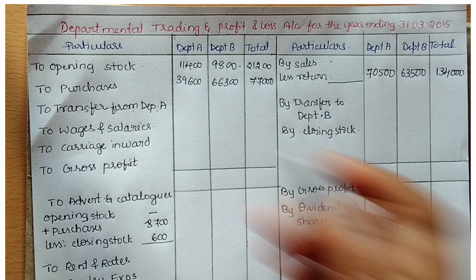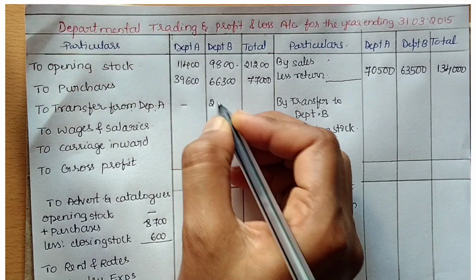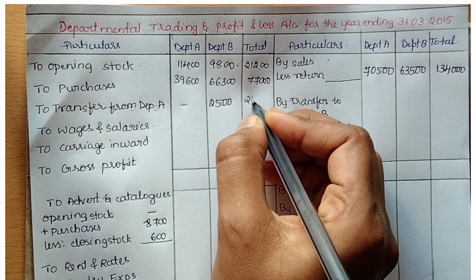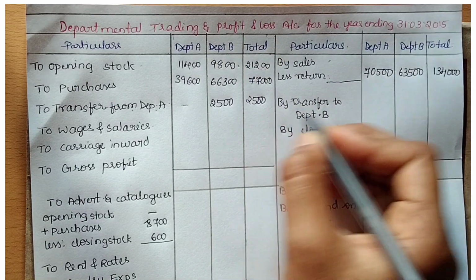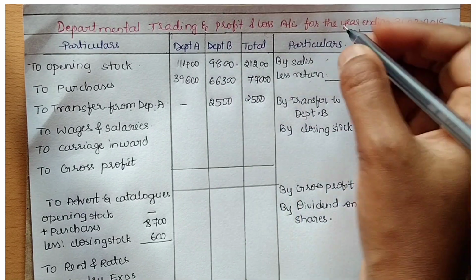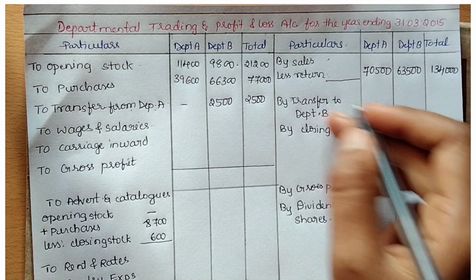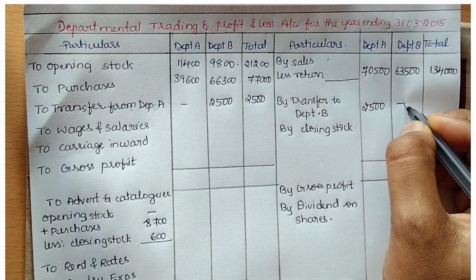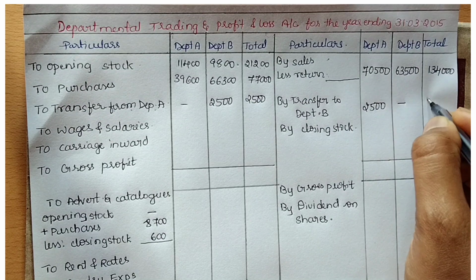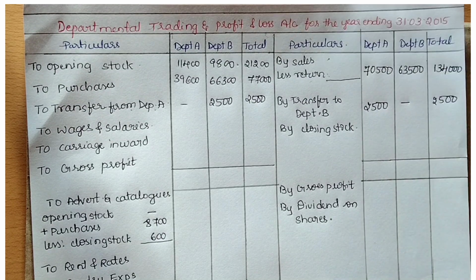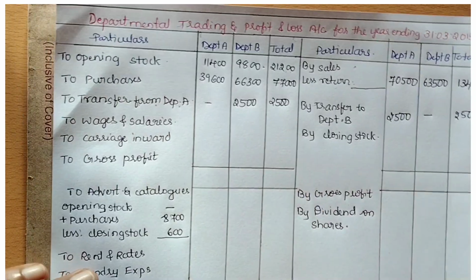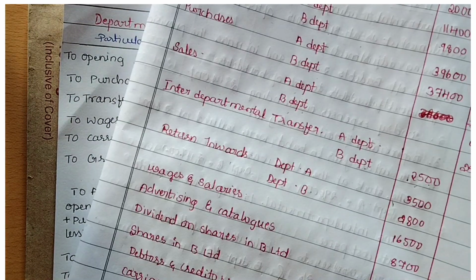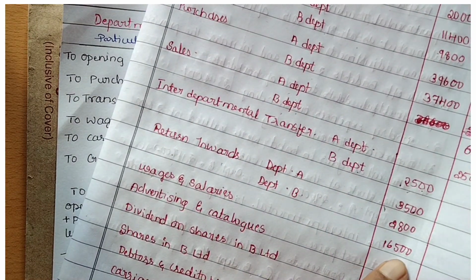Just write here 2,500 and 2,500. Now for B, how to write? In the A department, you have to write 2,500. That's it.